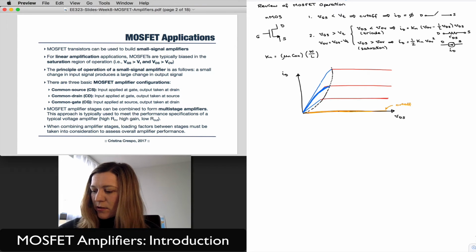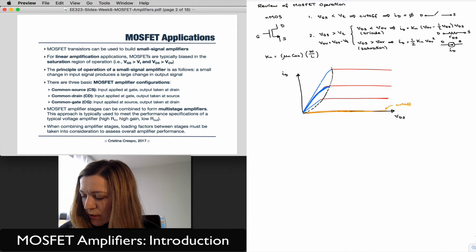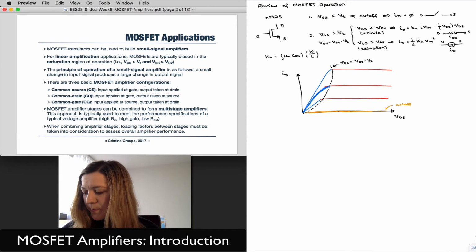because that black line will represent the transition between the triode region and the saturation region. And so that line will correspond to the case where VDS is exactly equal to the overdrive voltage, VGS minus VT. Okay.